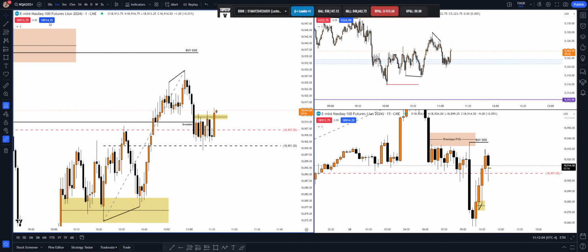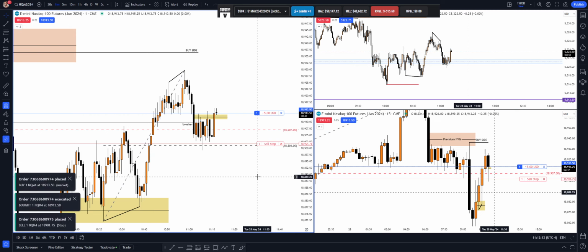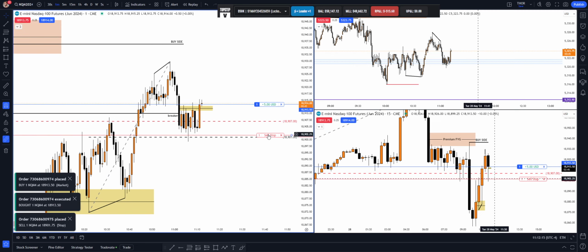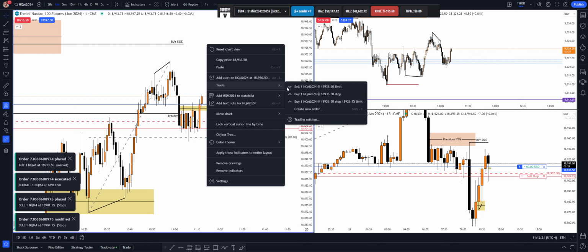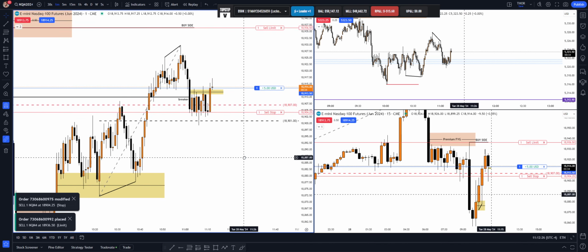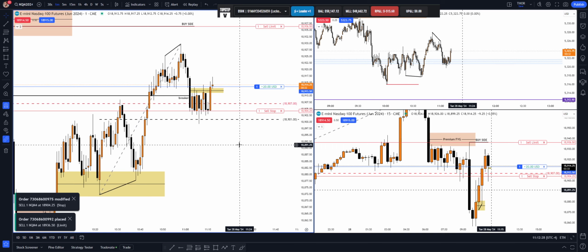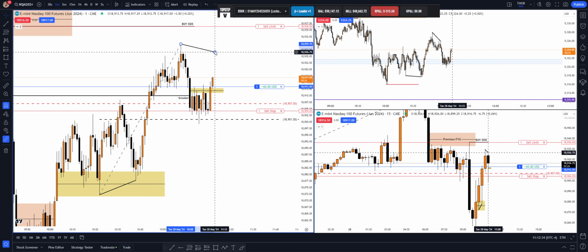I'm willing to take one contract here. If it touches down, I'm gonna take one contract. Stop loss is gonna be below the most recent candle, and I'm targeting the 930 high. And I'm gonna be content with that. But this is a low-hanging fruit objective, if you will.